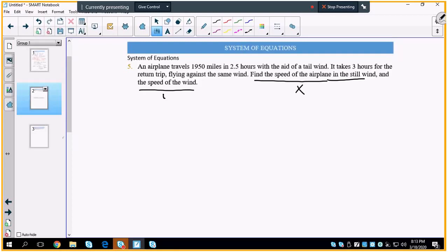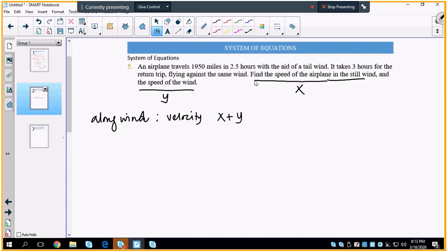Let's call it y. So I will say along the wind, when it is going using the aid of tailwind, the velocity is increased. The velocity of the airplane is x plus, you will get the help of the wind, so it's x plus y.